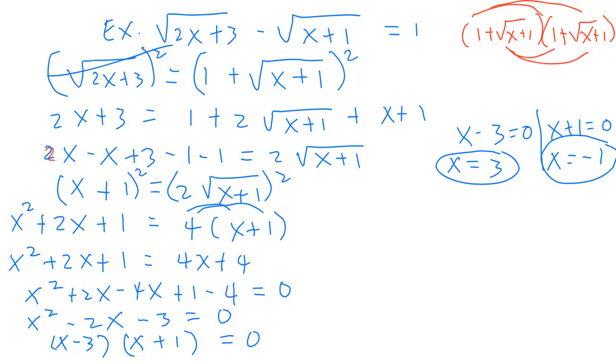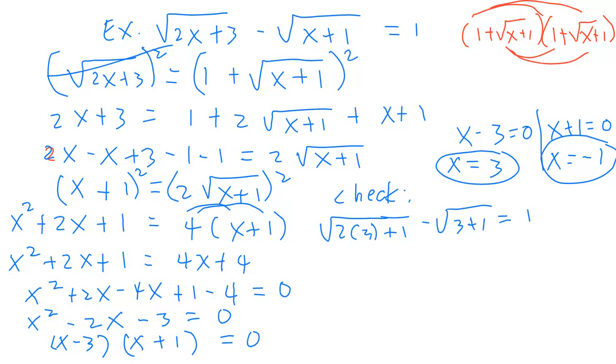Okay, and then we check our answers to see if those two x values would be true solutions for this problem by plugging them back into the original equation. So 2 times 3 plus 1, minus 3 plus 1 is equal to 1.